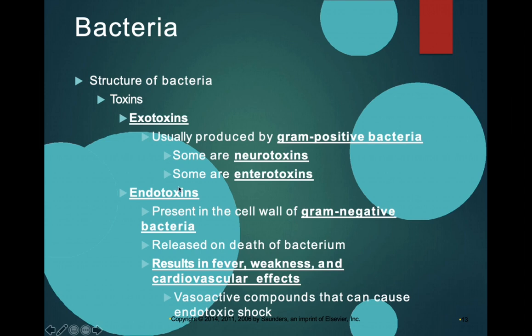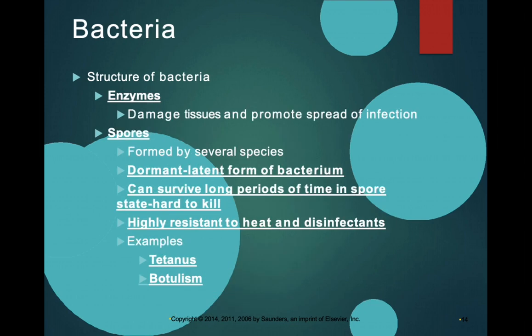The endotoxins, which are released from the gram-negative bacteria, will result in fever, weakness, and can often create cardiovascular effects. The vasoactive components, vaso, right, blood vessel, can actually create endotoxic shock. Enzymes are important because they can damage the tissues and promote the spread of the infection even further.